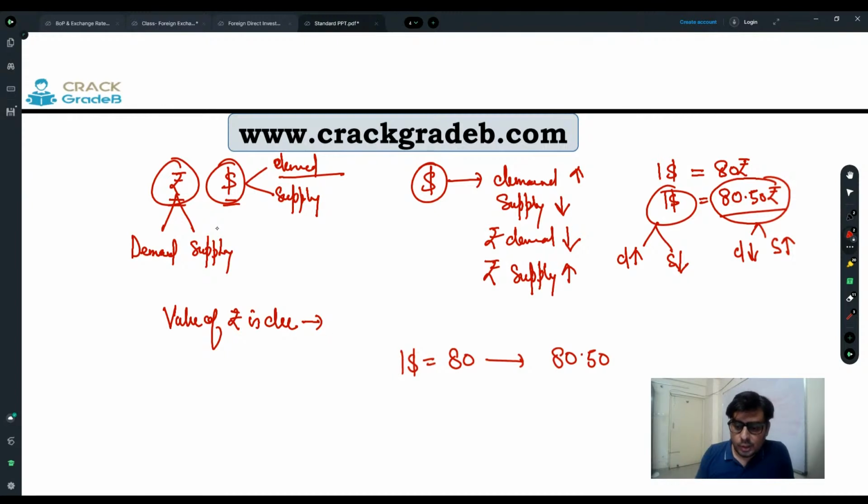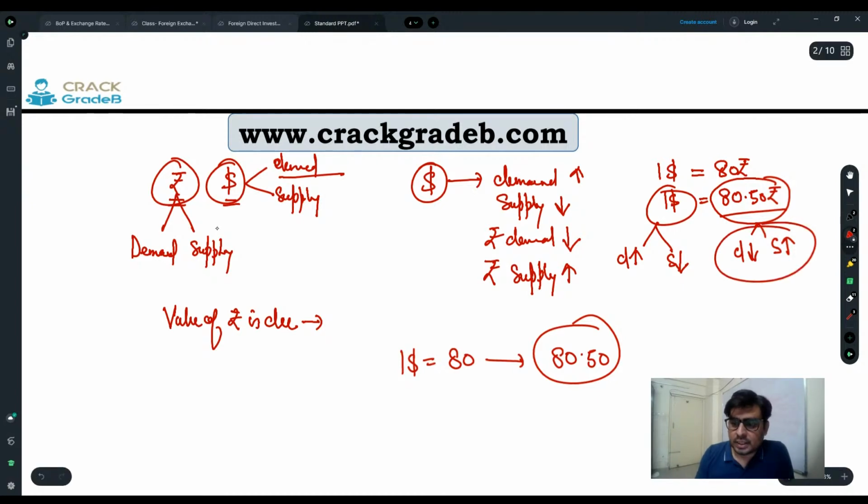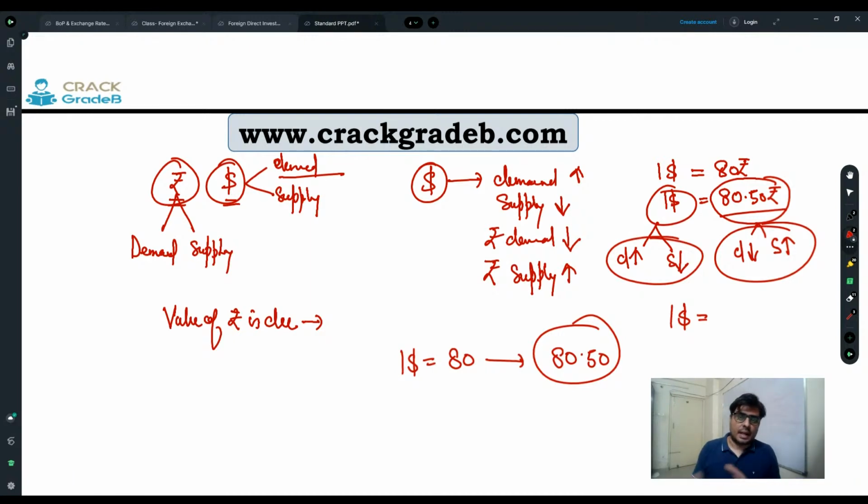So here the value of the rupee is decreasing not because of any change in its own demand and supply, but because of the dollar. However, sometimes there is no change in the demand and supply of the dollar, and the currency's value is decreasing because of supply and demand issues in your own currency.